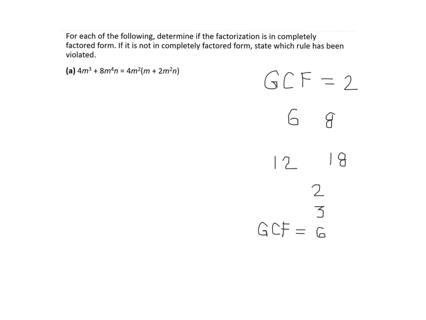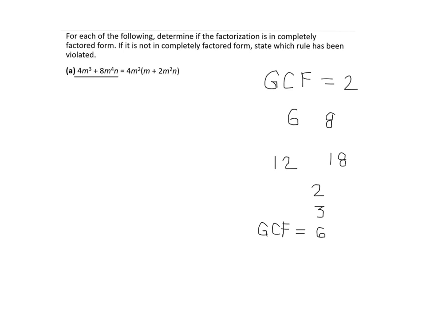Now it becomes more interesting when we add in some variables. So say, for instance, that we have this problem where we're looking at the two monomials, 4m cubed and 8m to the 4th n. First, if we start with their coefficients, we notice that they are 4 and 8.